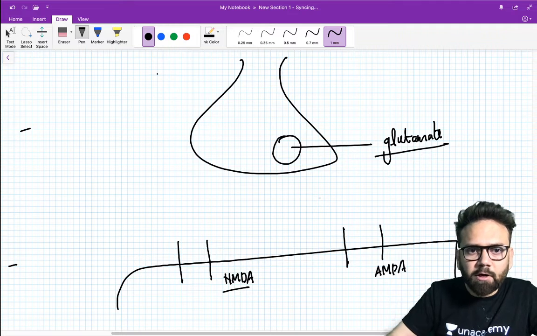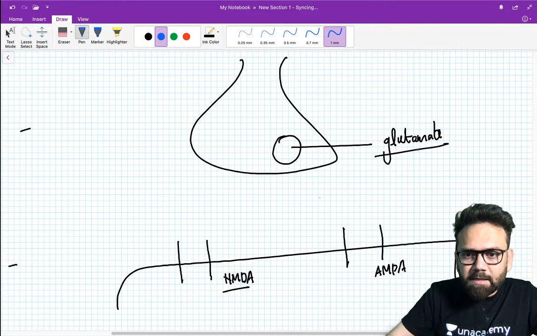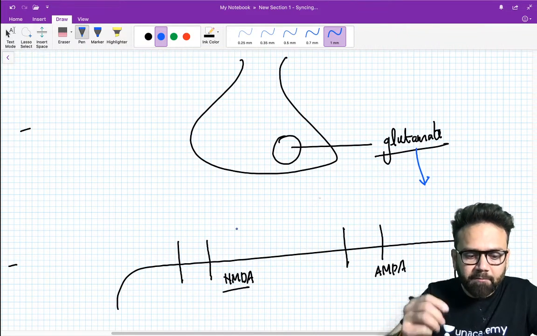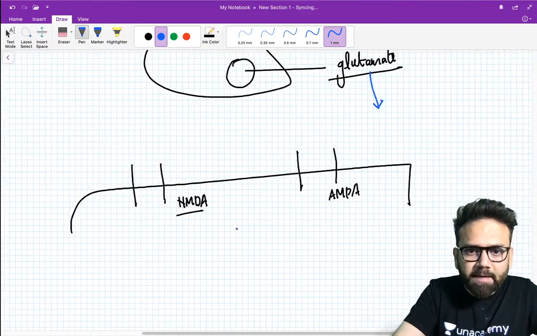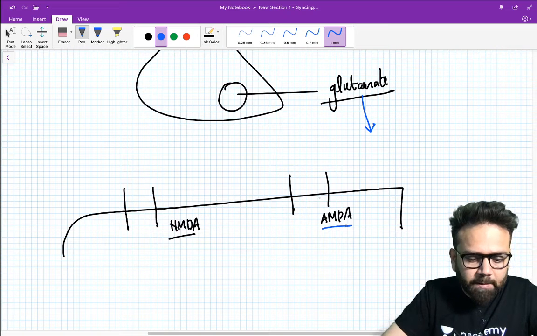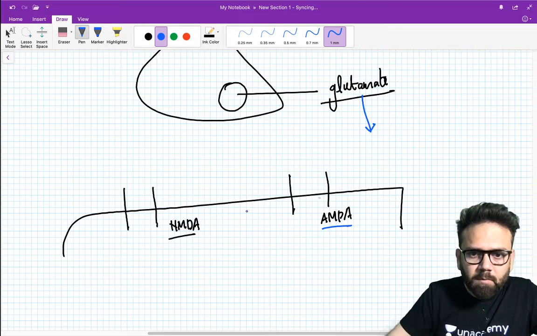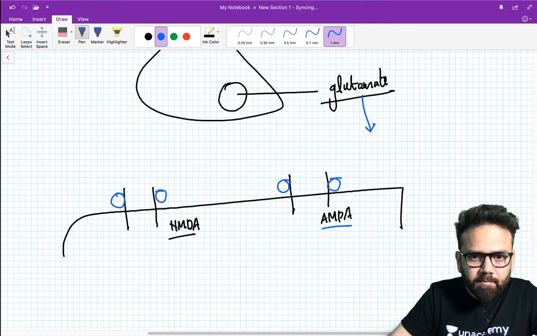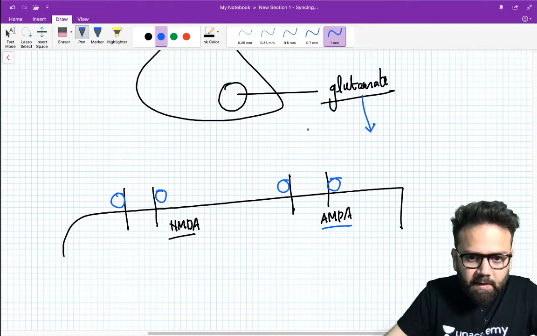First, there is release of glutamate. Now, will glutamate attach to AMPA or NMDA first? Yes, AMPA.